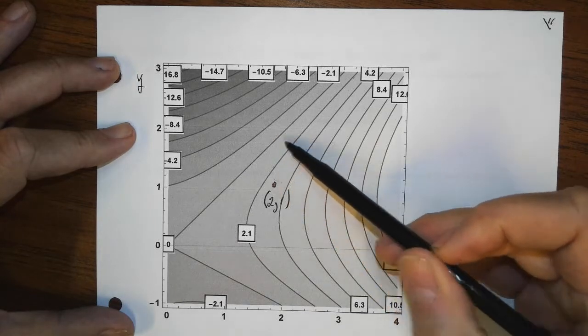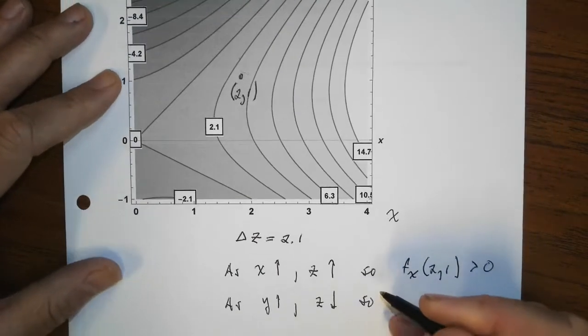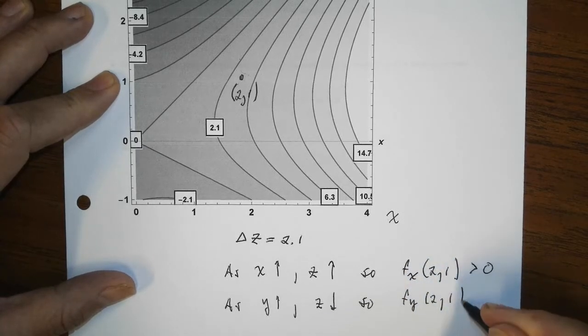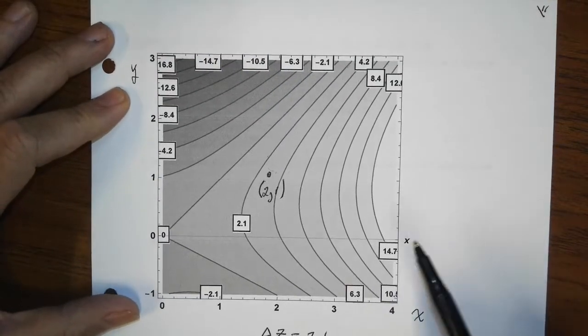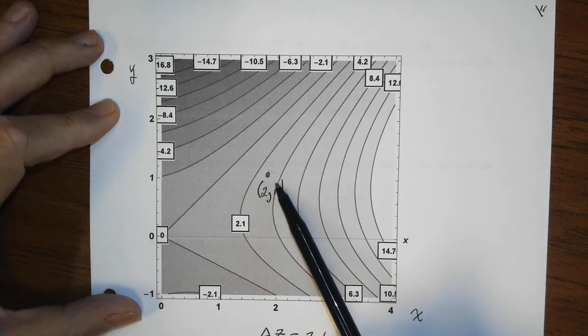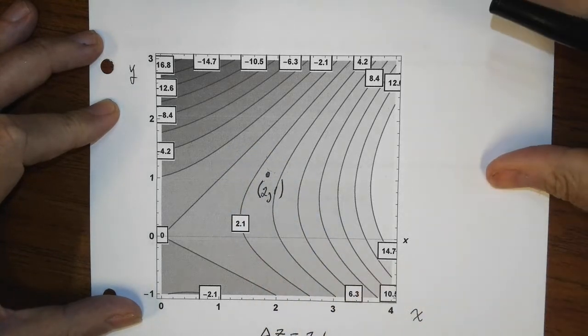So that means as y increases, z decreases. So the partial of f with respect to y at 2, 1 is less than 0. So we can ascertain whether a partial derivative is positive or negative by looking at the contour diagram or the surface or the cross section.